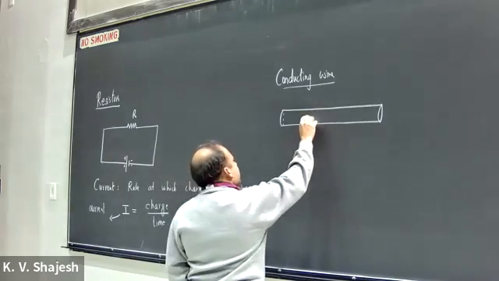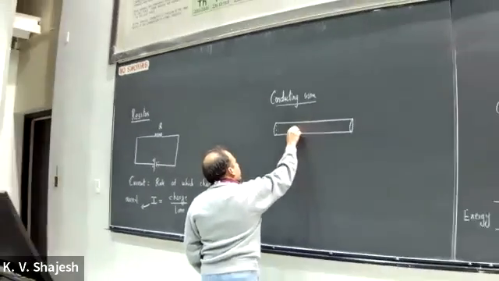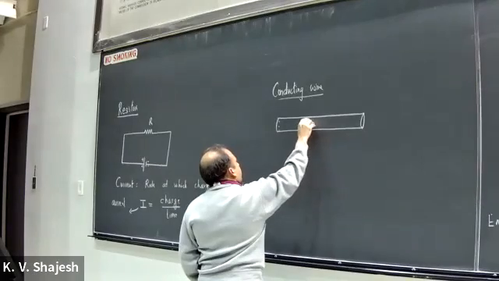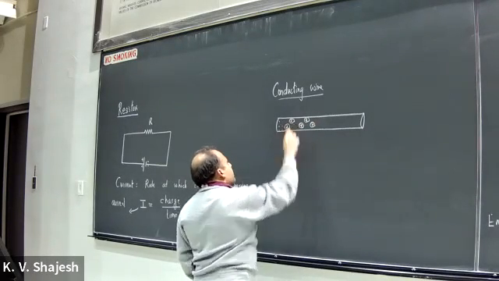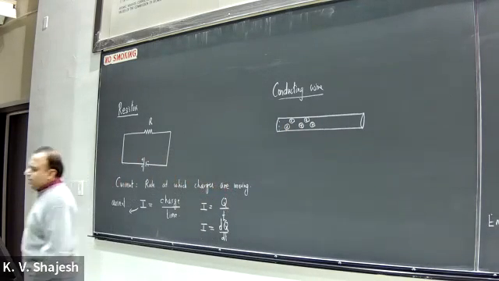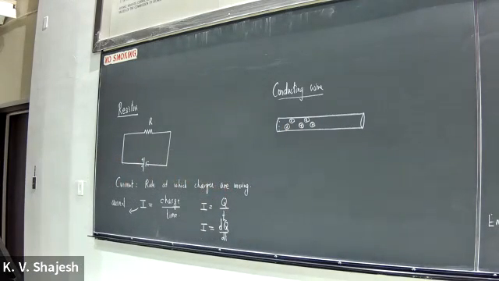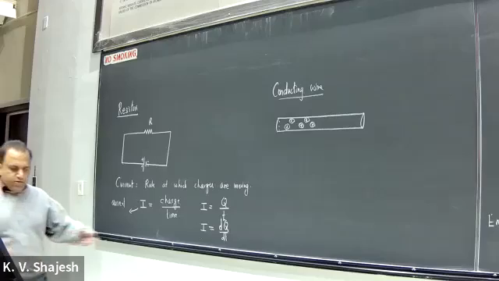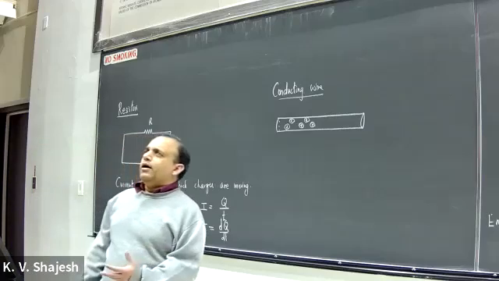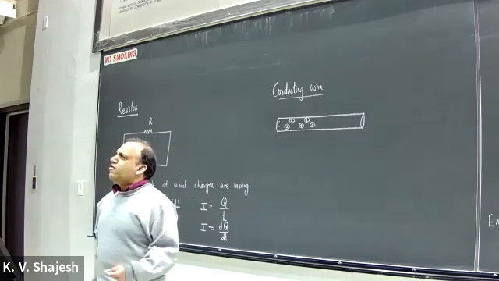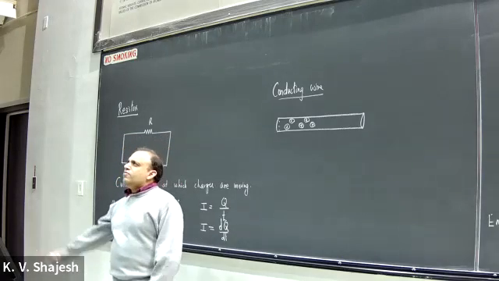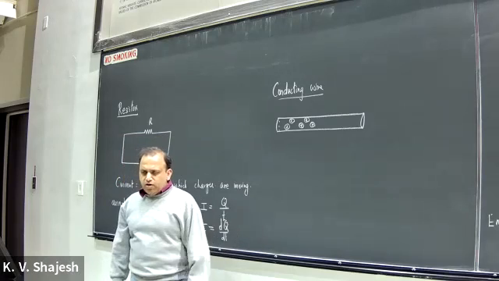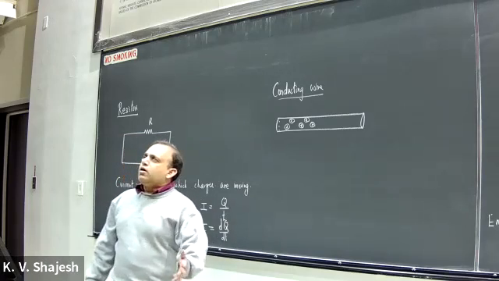Often what happens is that there are positive charges which are fixed. These are positive charges, fixed. That's not necessarily dependent on the material. If you had to think of, at least in an ideal scenario, a gas of positive and negative charges that are free to move, that would also be a conductor. But most often when we think of a conductor, we are thinking of gold or copper or aluminum.